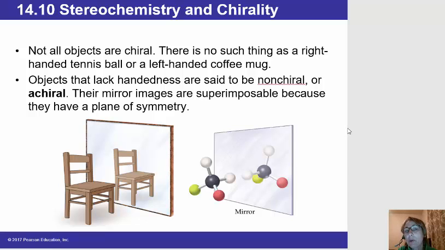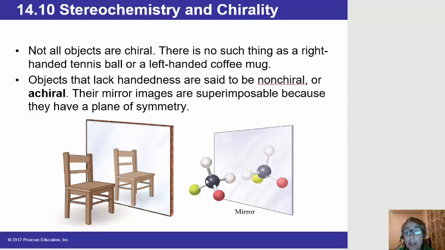So the term chiral comes from the Greek word for hand, and so we often interchange handedness for chirality. And as I said earlier, not all objects are chiral. So for example, if we look at this chair, it is not chiral. Its image is superimposable upon itself.